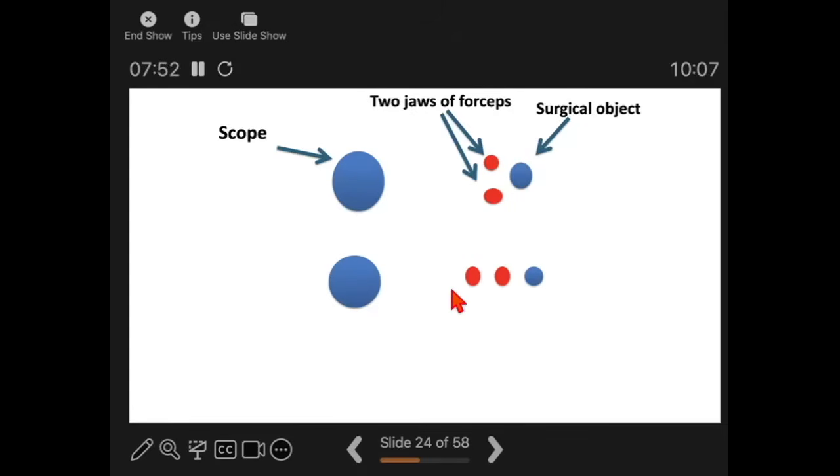Whereas if you align forceps in such a way that there is a straight arrangement between endoscope, the forceps jaws and the surgical target area, then the distal jaw and the surgical target will not be visualized.